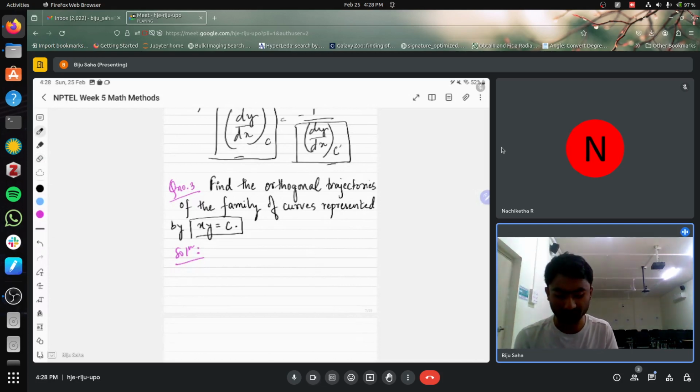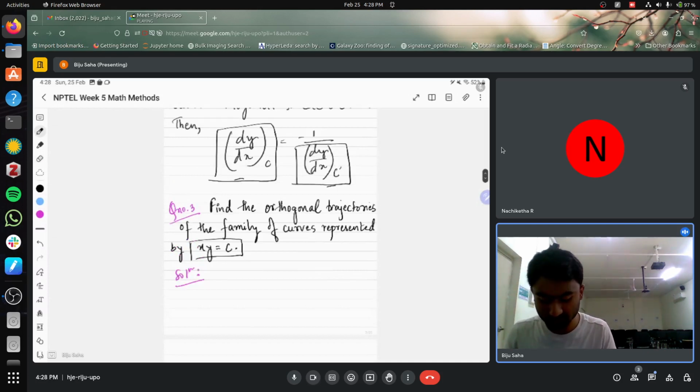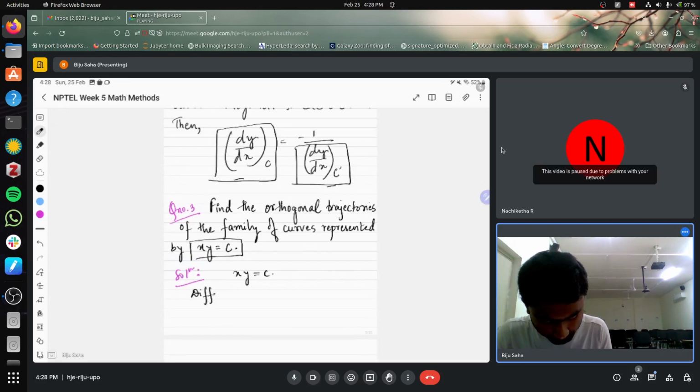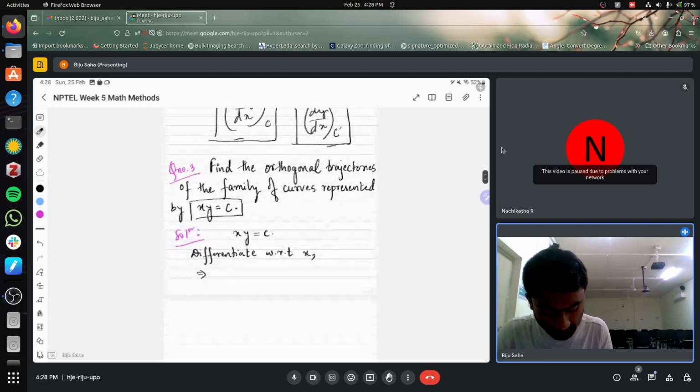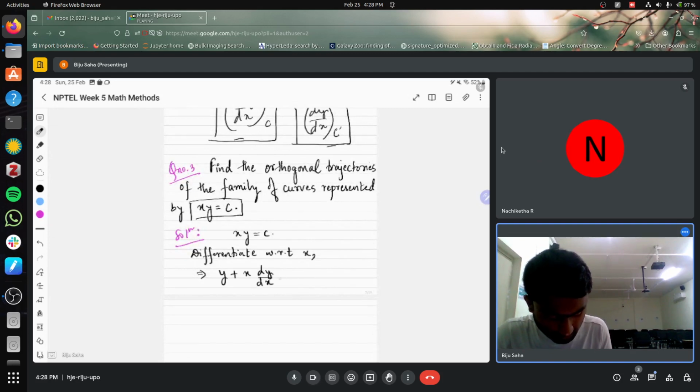The first step would be to find the slope of this, which would be given by dy by dx. So let's differentiate xy equal to c. When we differentiate with respect to x, we get y plus x dy by dx.